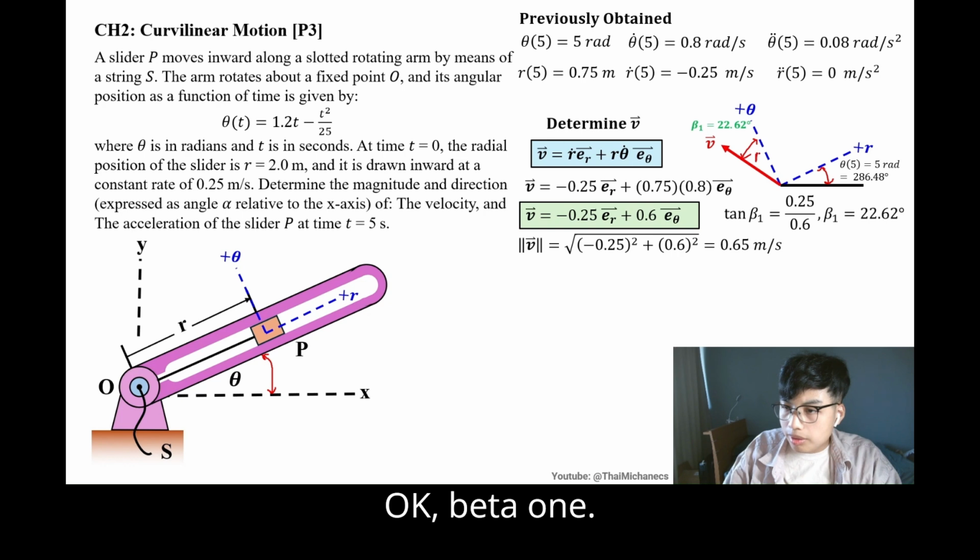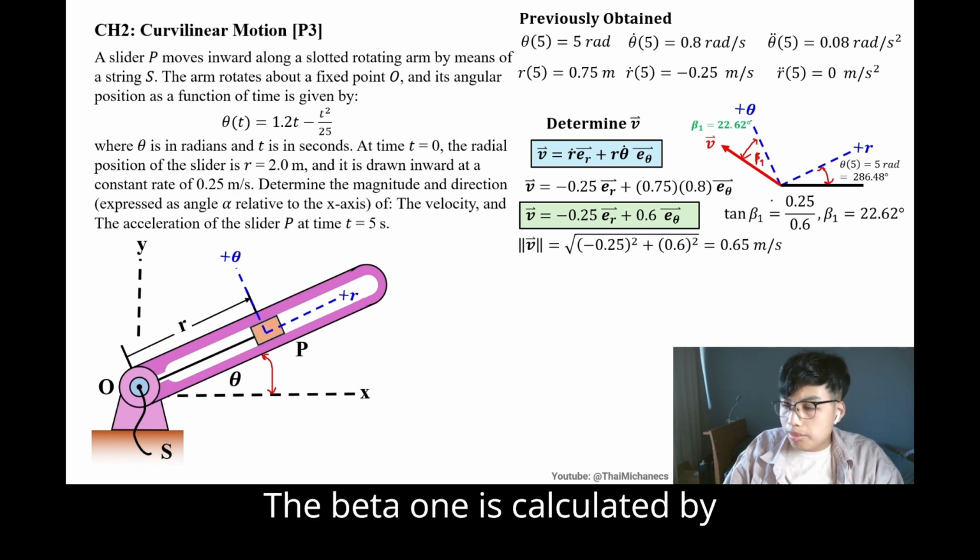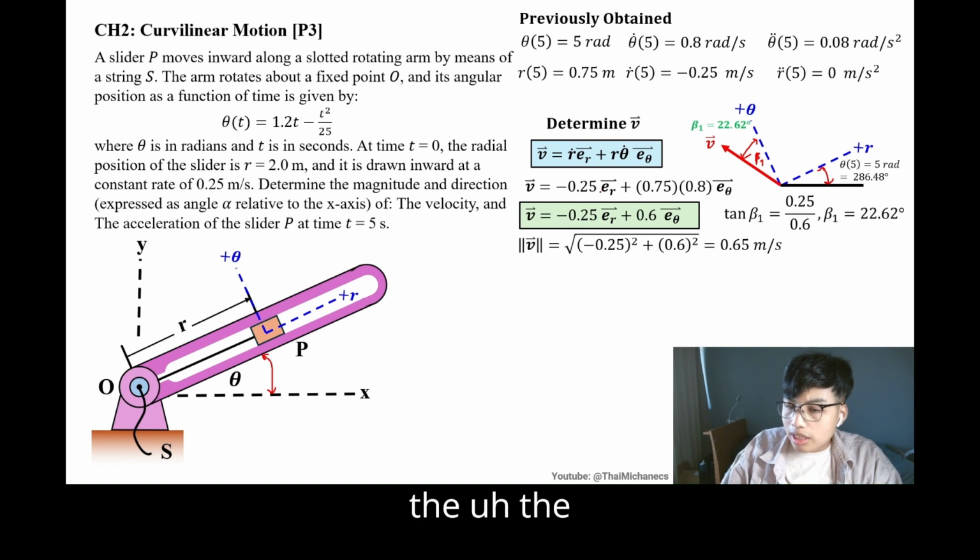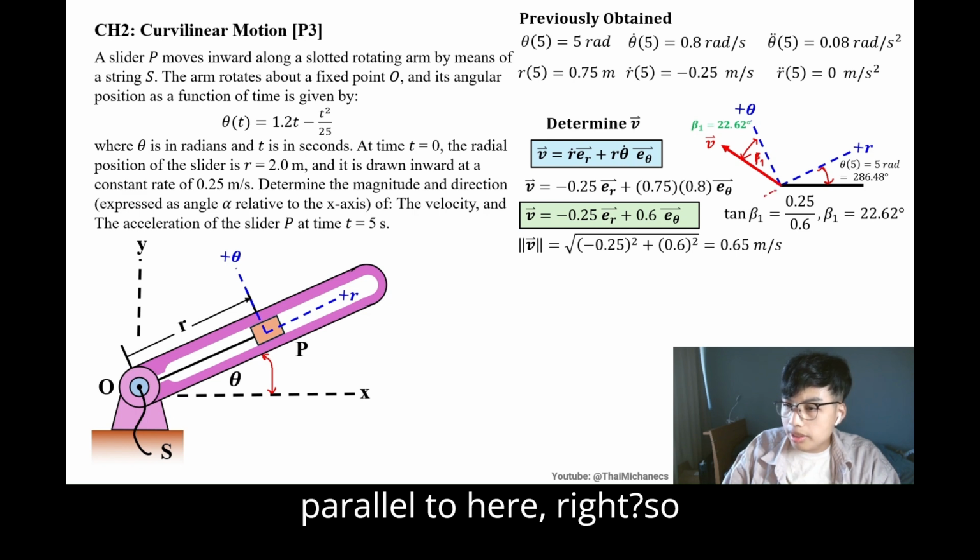Beta 1 is calculated from the vector values here. Minus 0.25 is the distance on the axis r, which is parallel to here, right?